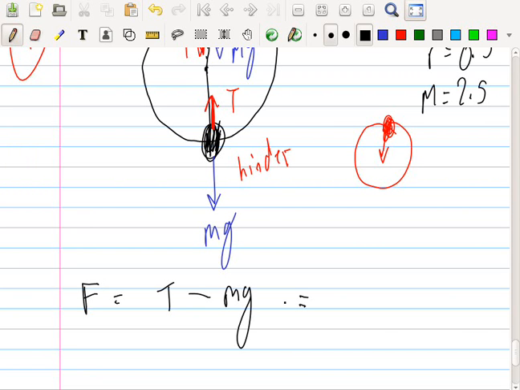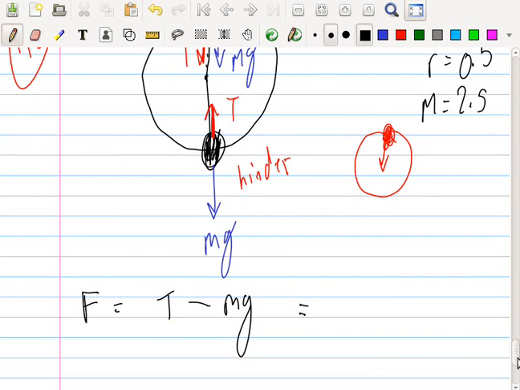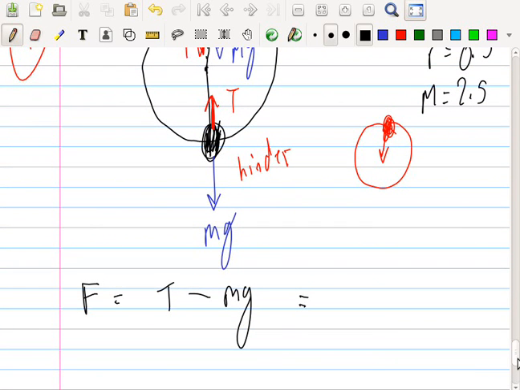Now what information does he give us? Because he gives me the m and the v, which formula should I use? Well, I should use the formula mv squared over r.